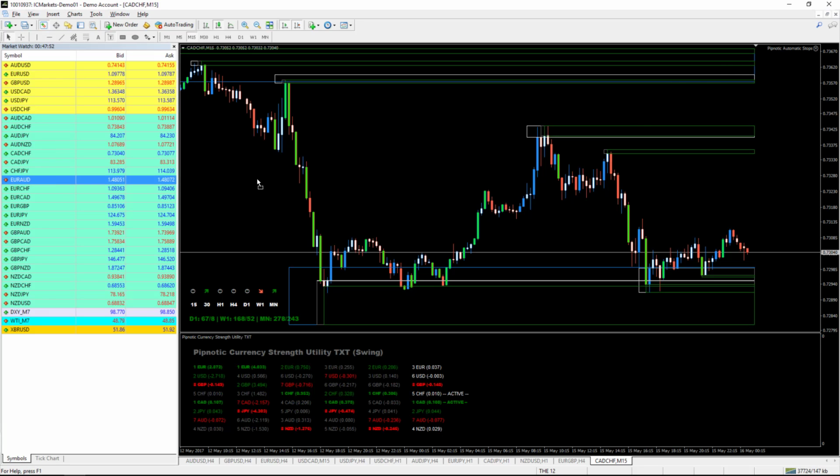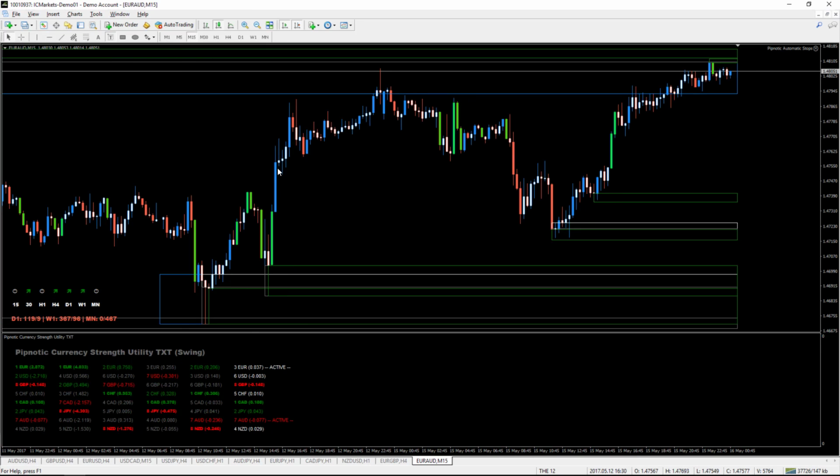We'll grab the Euro Aussie. So I know longer term I should be buying this. You can see the Euro is strong, the Aussie is kind of weak here. And so then I go to the smaller time frames and identify an area to buy. And I use the supply and demand software to show me where to buy. It's just a pretty simple approach actually.